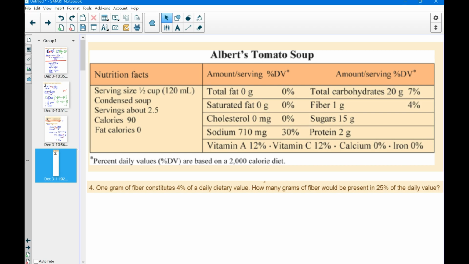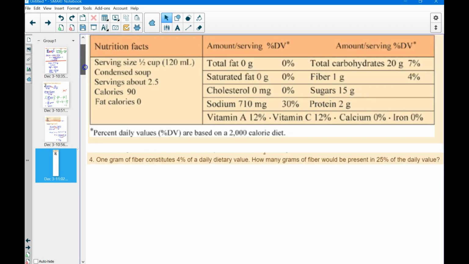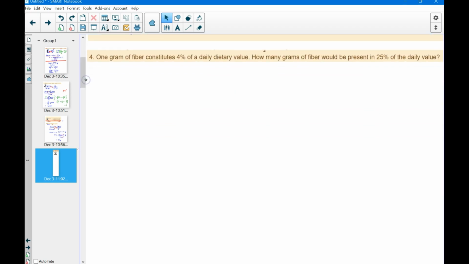So once again, this is nothing really new, just a different way of looking at it. If 1 gram of fiber contains 4% of the dietary value, we have 1 gram equals 4%.